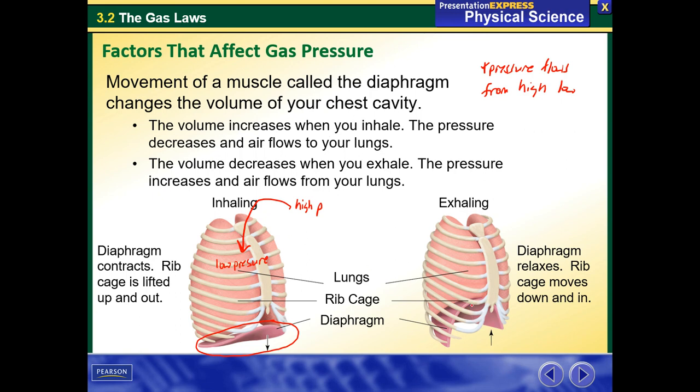When we exhale, our diaphragm right here, notice that it relaxes and goes back into this U shape. And notice our volume actually decreased. And that means our pressure is going to increase within our lungs. So that means we have high pressure inside our lungs, low pressure outside our lungs, which causes our lungs to push out air and allow us to exhale.